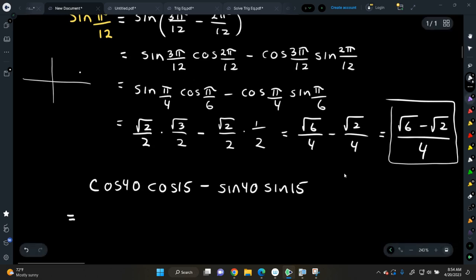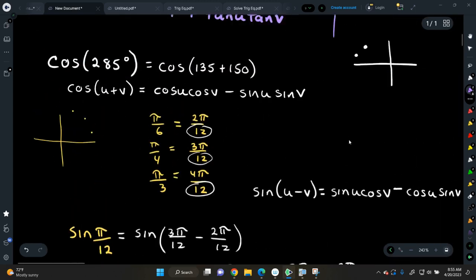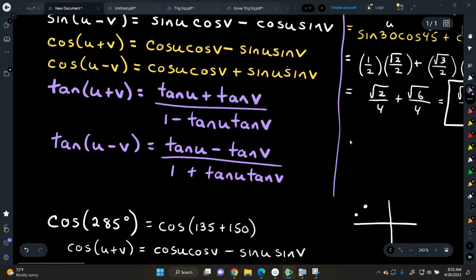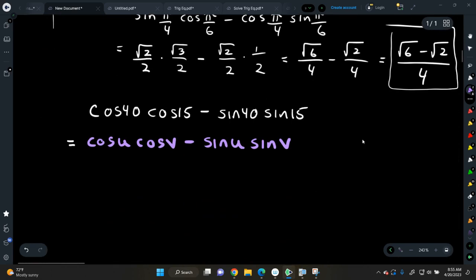So I can think of this as cosine U cosine V minus sine U sine V. So which formula does that match? Cosine of U plus V, right. So this is cosine U plus V.